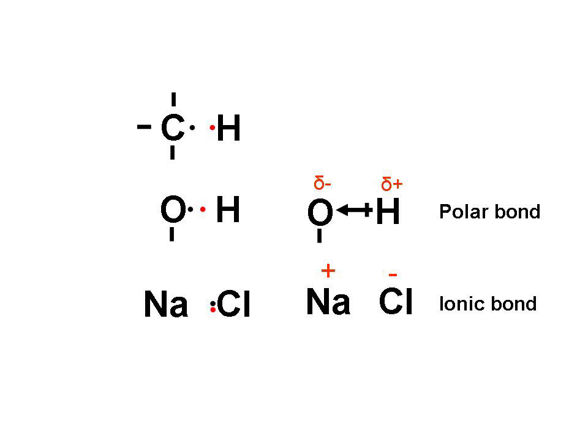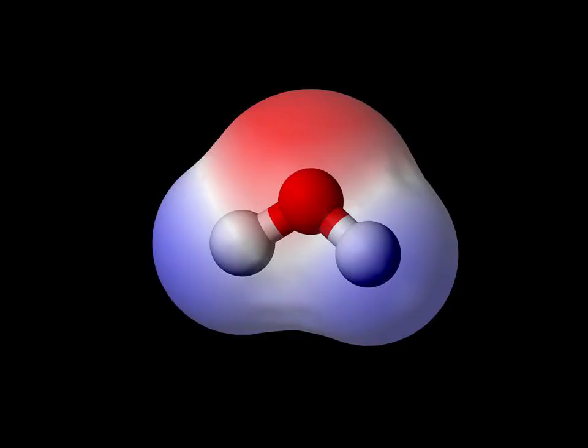For example, carbon tetrachloride has 4 very polar bonds. However, when you add them together with vector addition, they give you zero net dipole moment. Carbon tetrachloride is a non-polar molecule, even though its 4 bonds are extremely polar. In water, the hydrogen-oxygen bond is polar, but it's not as polar as the carbon-chlorine bond.